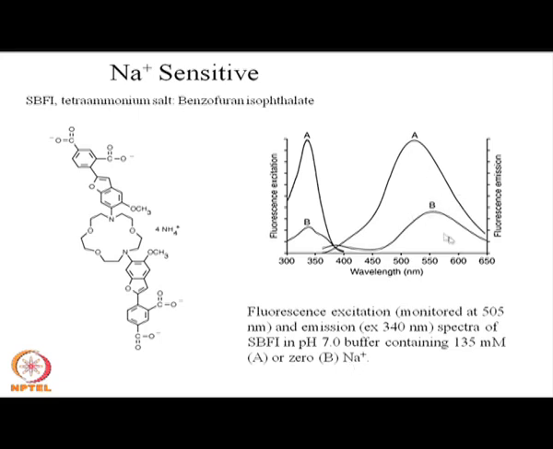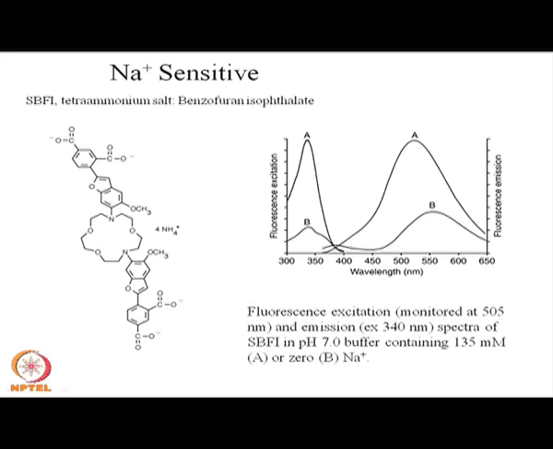You see that there is an increase in excitation spectra also, but in case of fluorescence emission, it is increased considerably. At the same time, there is a blue shift of the emission spectra.